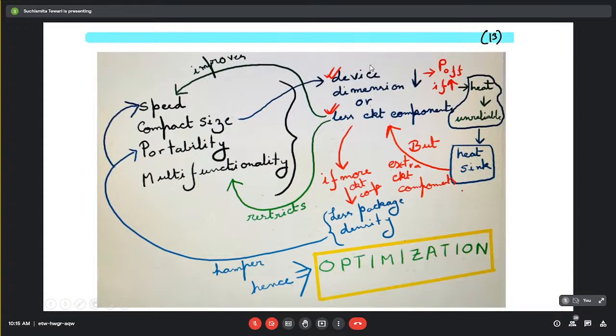Now these short channel effects mainly lead to leakage current, or they increase the off-state power. That is, when theoretically we are switching off the device, still some amount of current is there at the output. It is not getting instantaneously switched off.